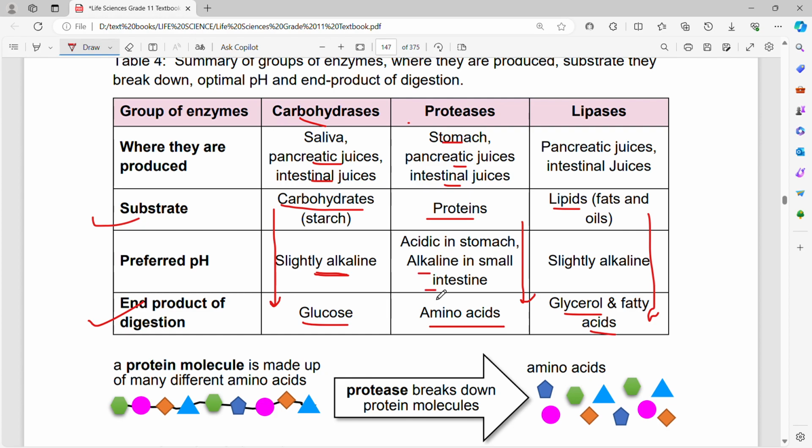Then we have lipases, which are produced in pancreatic juice and intestinal juice, and their pH will be slightly alkaline. So this table is very important for the exam. If you know this, you know all the enzymes, where they are produced, what they produce, and the optimal pH in the digestive system.